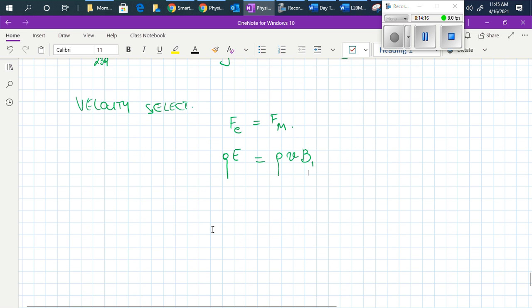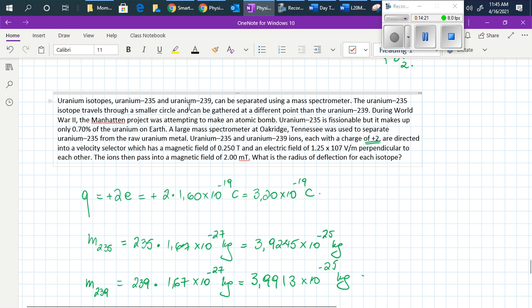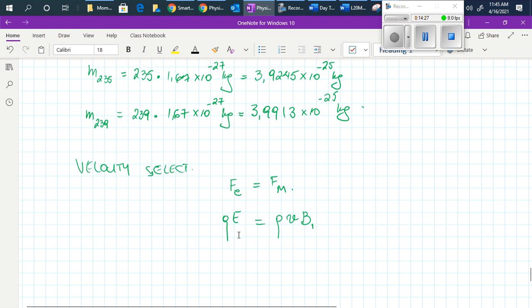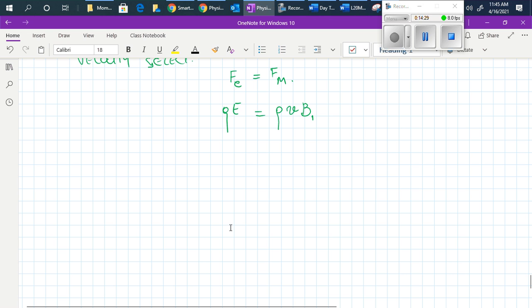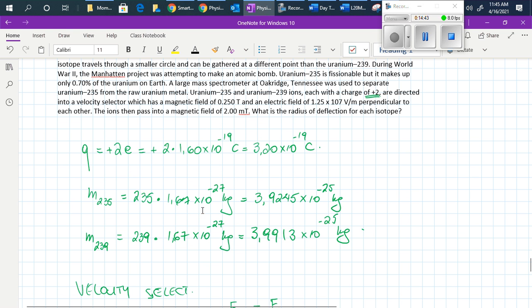Now, let's read the question: it has a magnetic field of 0.250 Tesla, okay? So Q is cancelled first, and then v will be E over B1. So B1 will be 0.250 Tesla. And then let's go back to the question again: an electric field of 1.27 times 10 to the power of 7.